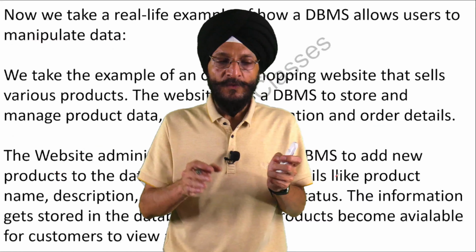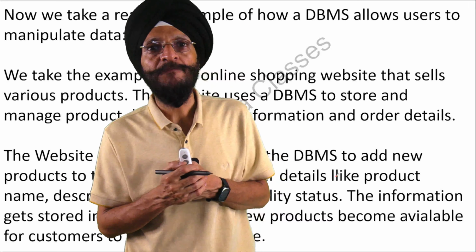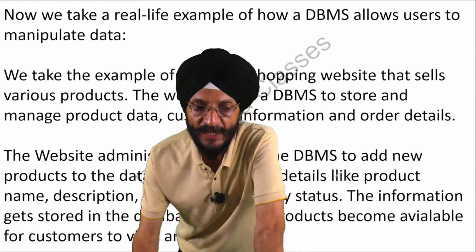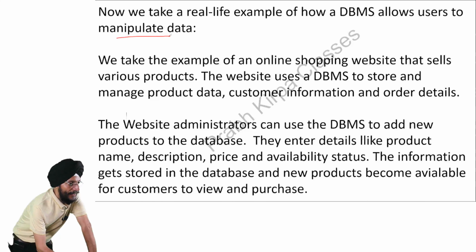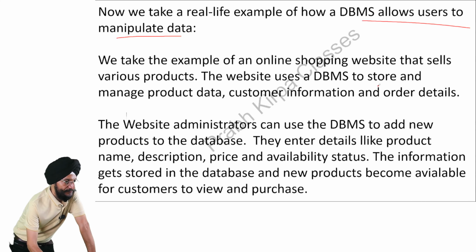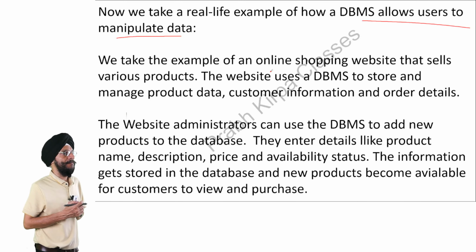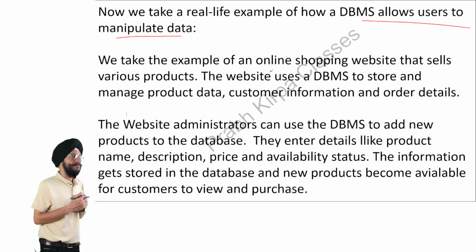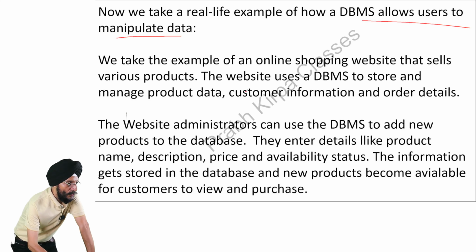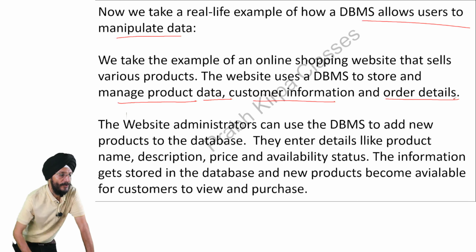Now we take a real life example of how a DBMS allows the user to manipulate data. We here take the example of an online website which sells various products. The website uses the DBMS to store and manage product data, customer information, and order details.